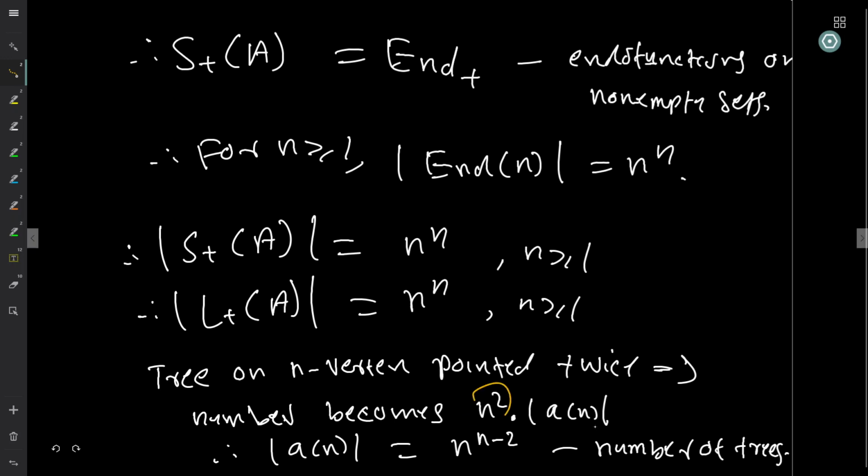So you have n squared times the number of trees on an n element set, A of n. Therefore, the cardinality of A of n must be equal to n raised to n divided by n squared, which is n raised to n minus 2. So this shows that the number of trees is precisely n raised to n minus 2. This is another way to count the number of labeled trees.